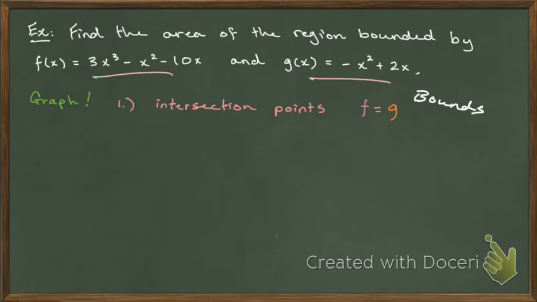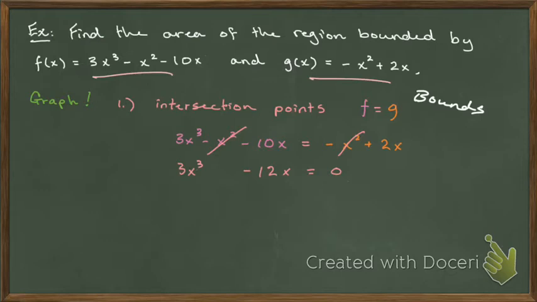I find the intersection points by setting these two functions equal. So 3x cubed minus x squared minus 10x equals minus x squared plus 2x. I move all the x's to one side, and that leaves me with 3x cubed minus 12x equals 0. I'm going to factor and solve that cubic equation.